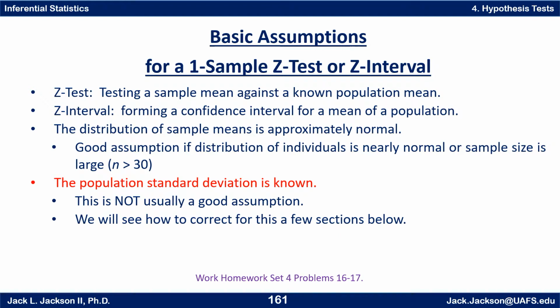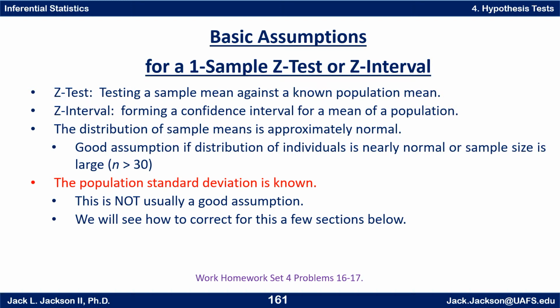This is usually a good assumption if the distribution of individuals is nearly normal or the sample size is large, say bigger than 30. These situations of a z-test and a z-interval are very common, in the sense that we are often concerned about the mean. In fact, that's the most common type of confidence interval or hypothesis test.